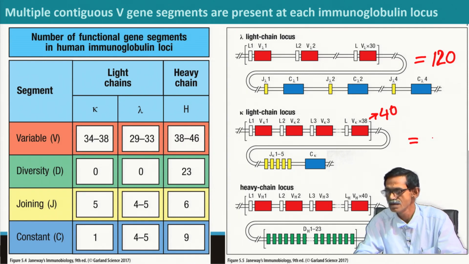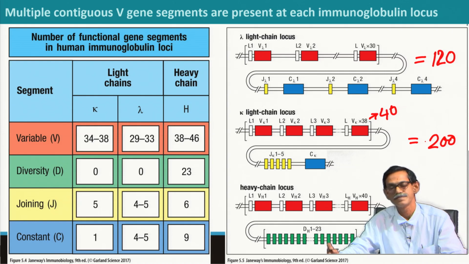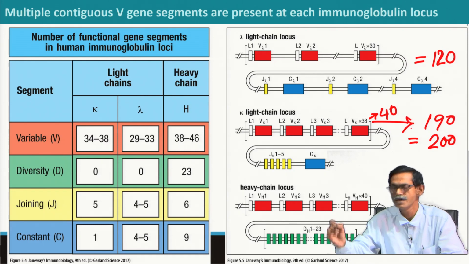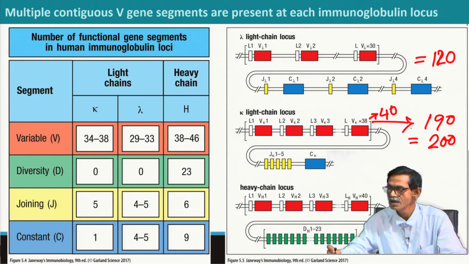It will be 200, or to be more specific, it is 190. So, this is the possibility: 120 possible lambda variable regions, 190 to 200 possible kappa light regions.